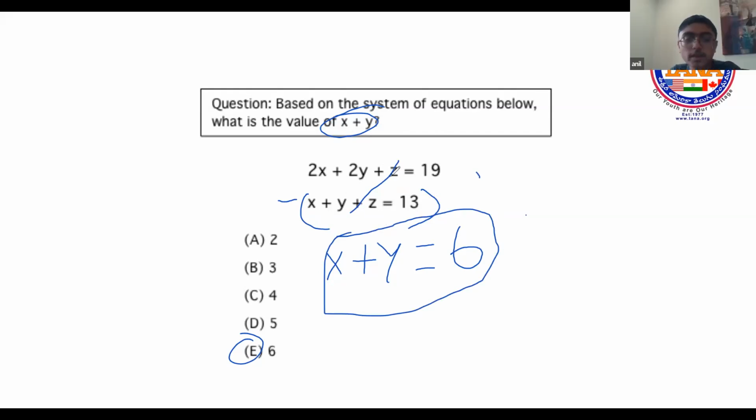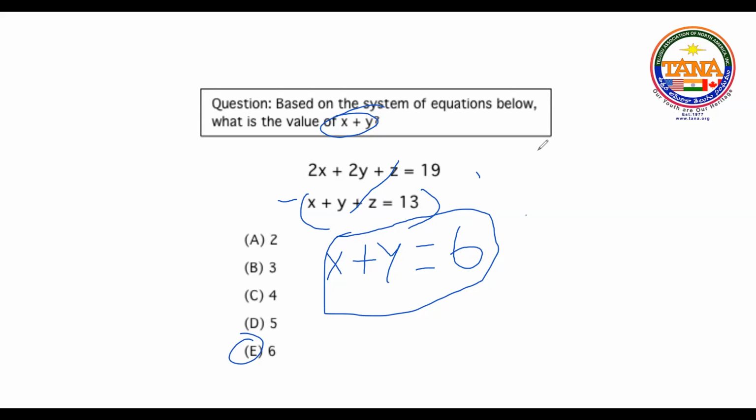Well, basically I didn't even calculate z at all. I immediately took it out since I don't need it. If I subtract the whole thing through elimination, you can get rid of it immediately. And then from there, you just subtract 2x minus x and 2y minus y. And then you subtract 19 and 13, and you get 6 on this, and then x plus y. Okay, that makes more sense. Thank you.